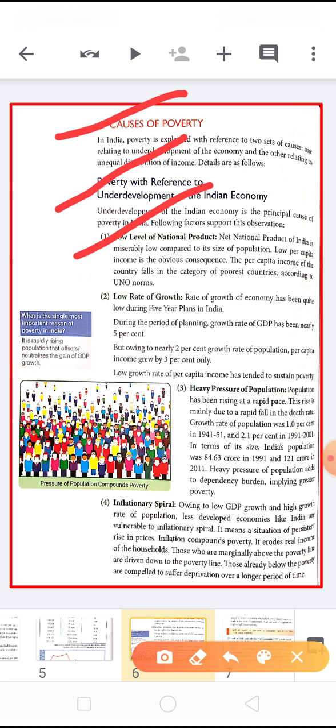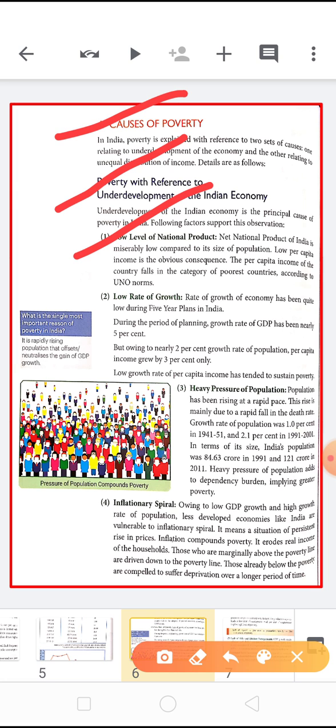Children, as you all know, the economic condition of the country was not very good, owing to the low per capita income. Owing to the low per capita income, India's economy was considered a stagnant economy as well as a backward economy.